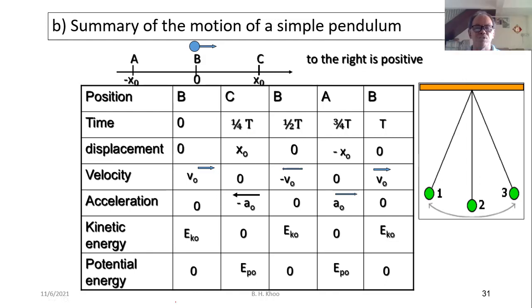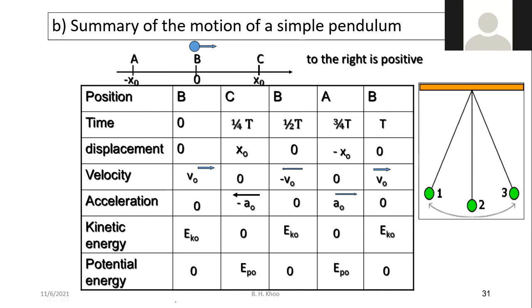That's why it must be opposite, to decelerate it. So from here to here, the velocity is decreasing, which means the acceleration must be opposite to the velocity to stop it. From B to C is deceleration.